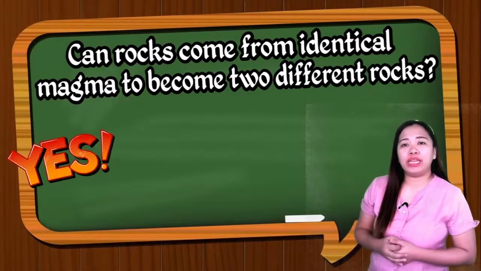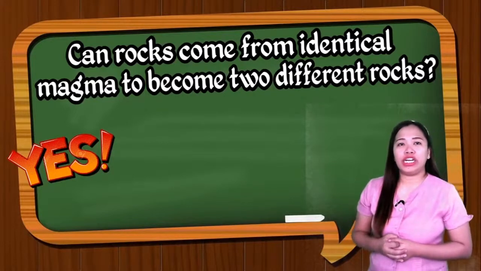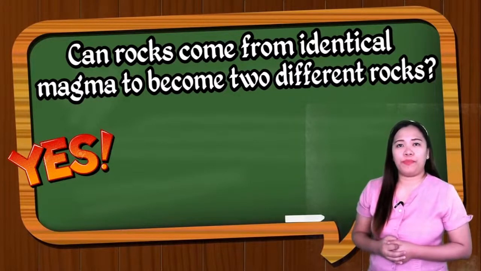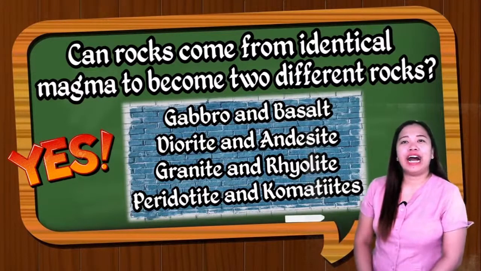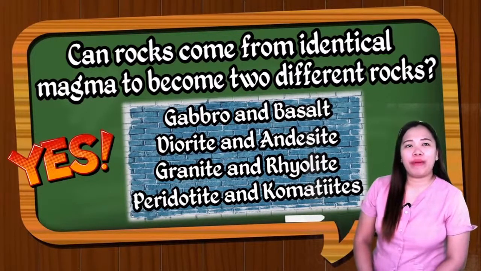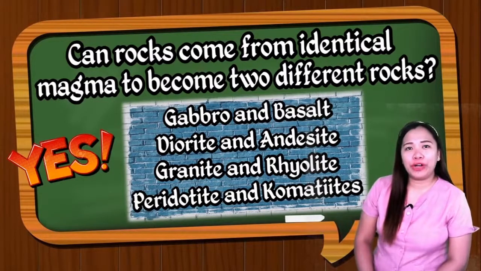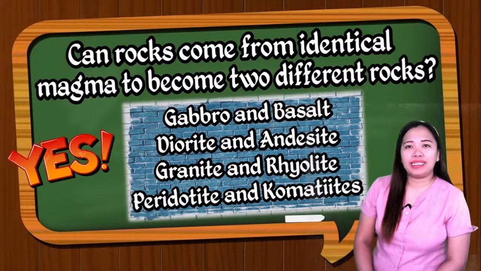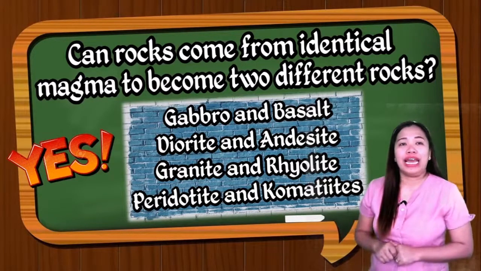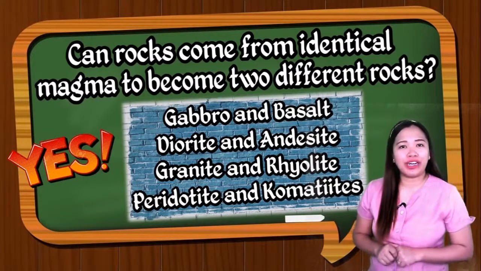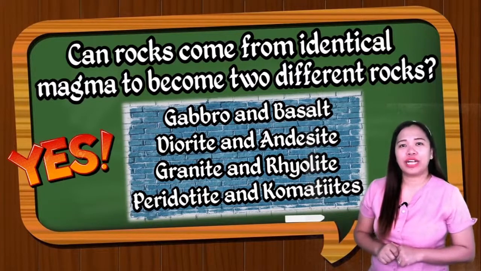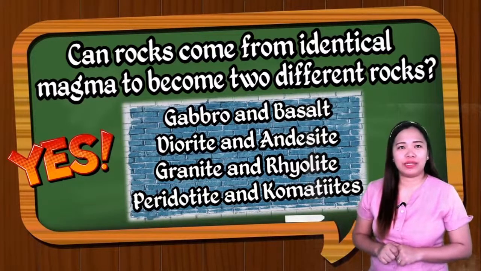One can become an intrusive rock and the other an extrusive rock. For example, gabbro and basalt are both mafic rocks, but gabbro is intrusive while basalt is extrusive. This applies too with diorite and andesite, granite and rhyolite, and peridotite and komatiite.